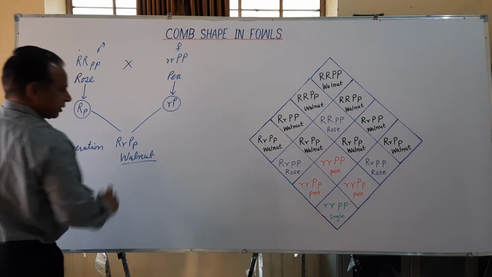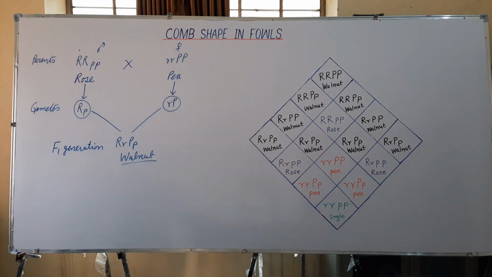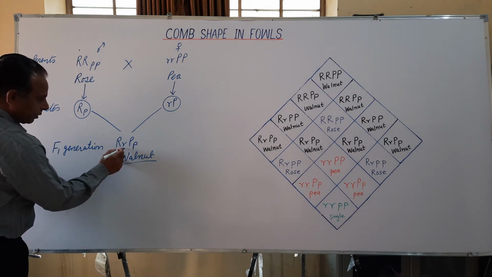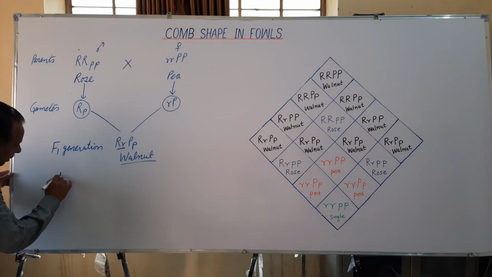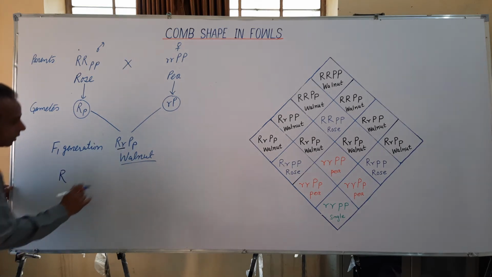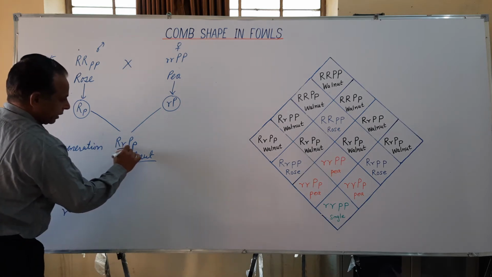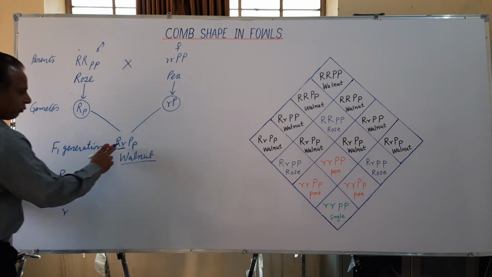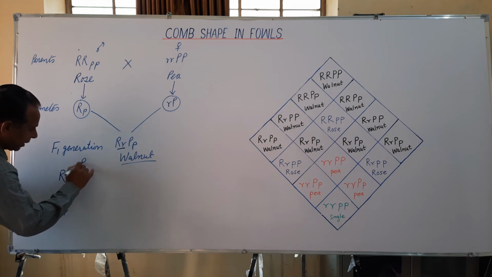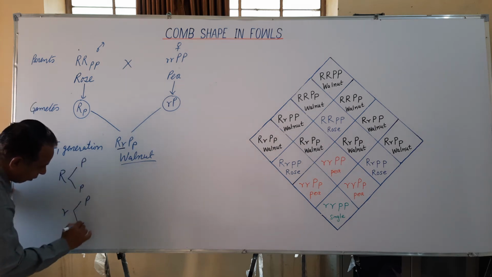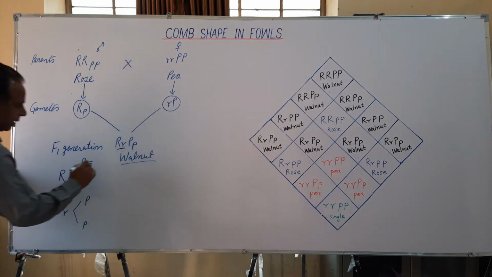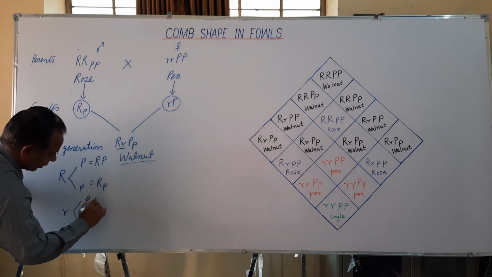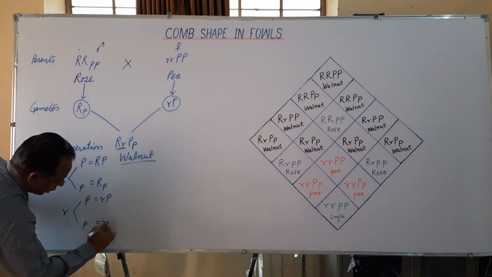We know the heterozygous individual always produces more than one type of gamete. During the gamete formation, the members of the first allelic pair separate from one another, and the members of the second allelic pair also separate and may join either of the members of the first allelic pair, as capital P, small p, capital P, small p, to produce four types of gamete: capital R capital P, capital R small p, small r capital P, small r small p.